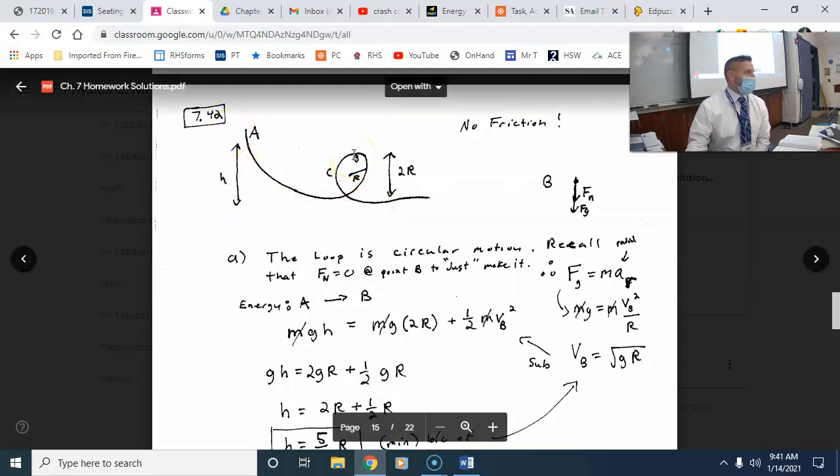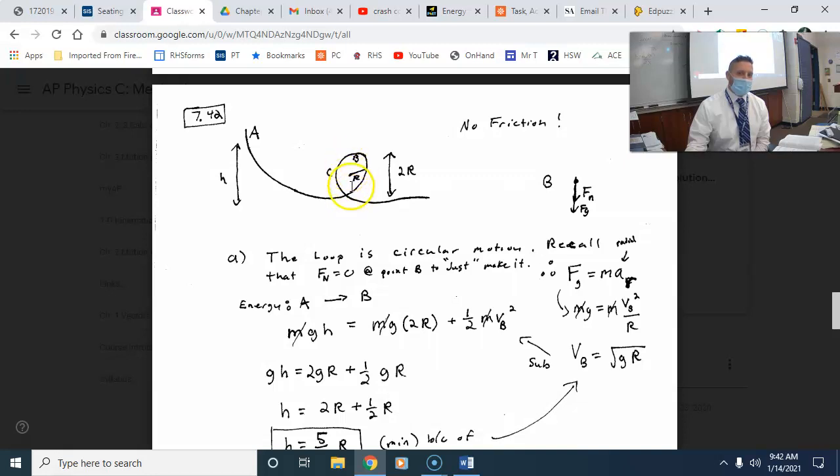We're clearly lower at point B, but we could get an expression in terms of something given, which is r. If this were more of an elliptical loop, we couldn't do that. But since it's a perfect circle loop, you could see in the diagram, we could say it's 2r.